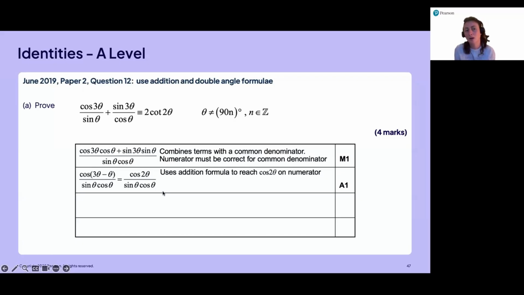And what you needed to recognize is that that's the addition formulae. And so you can write cos brackets 3 theta minus theta, or in other words, cos 2 theta. You can see where I got this question from. This is June 19, paper 2.